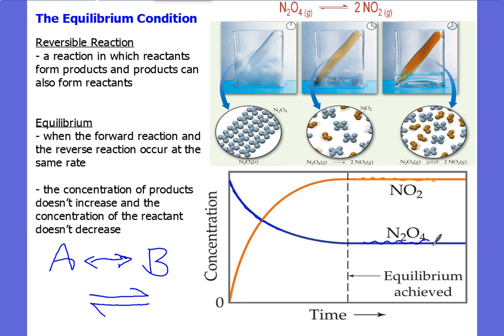And what's weird is both of them are there. And the reaction hasn't actually stopped. They're just occurring, and this is the key, the reaction is occurring at the same rate. As it's going forward, it's also going backwards at the same rate, in balance, if you will. That's why it's called equilibrium, because the reactions are in balance with each other.